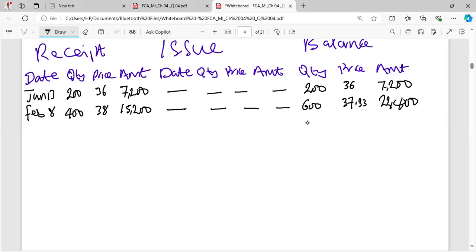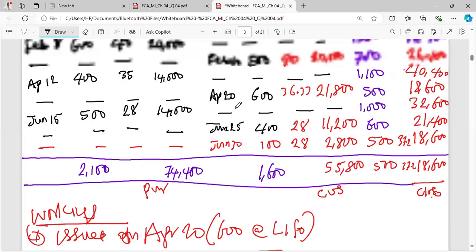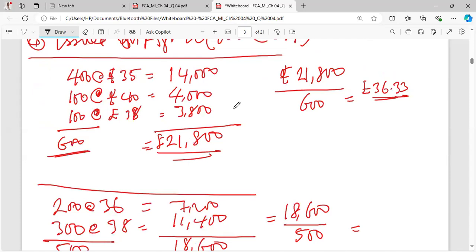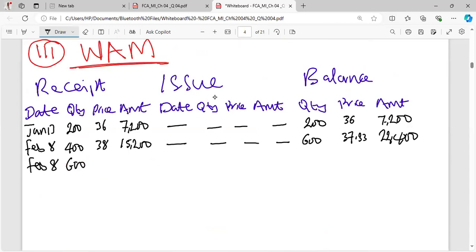Then we have February 8th again. There was a 600, which we said was at 40. So this is at 40. And that gave us 24,000. We add, this should be 1,200.